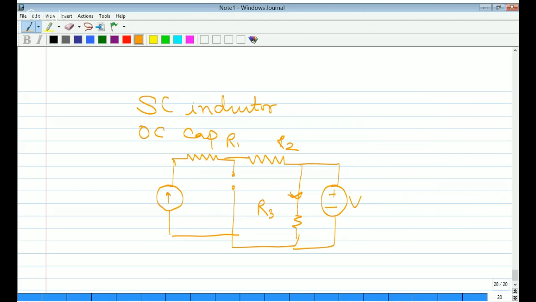No, this resistance need not be removed. It is in parallel with voltage source. Here current can be calculated directly. Okay. Current in this resistance will be simply V by R3. Voltage source is how much? Voltage source is actually 5 volt. This resistance is 1 ohm. So this current will be 5 ampere.